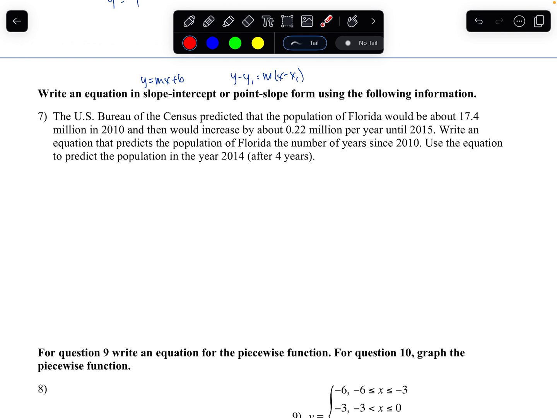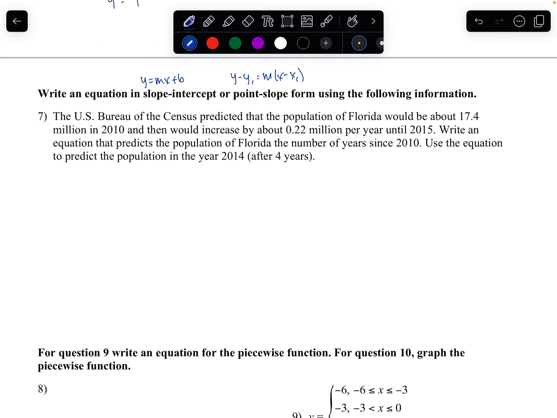Now, since we're giving a formula for the population from 2010 to 2015, this 17.4 million in 2010 is our initial amount. If that's the case, we want to use this formula because b represents the initial amount, or the y-intercept.